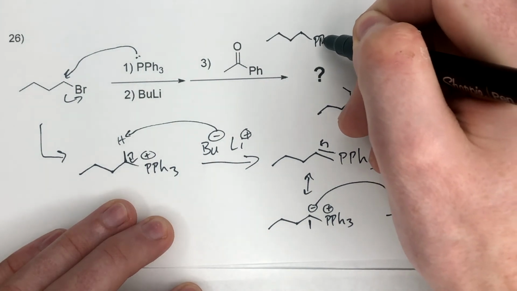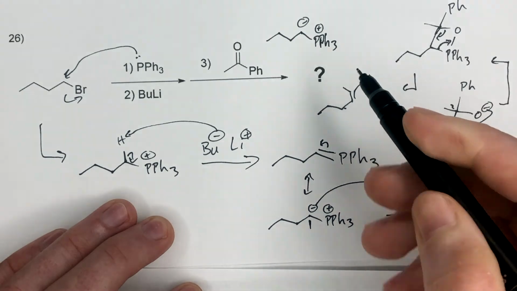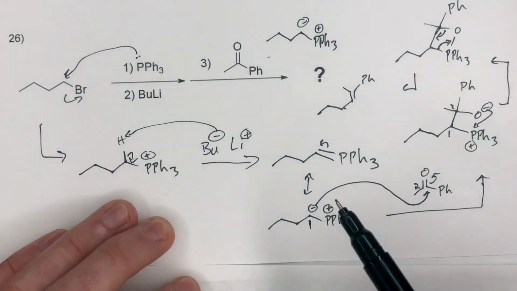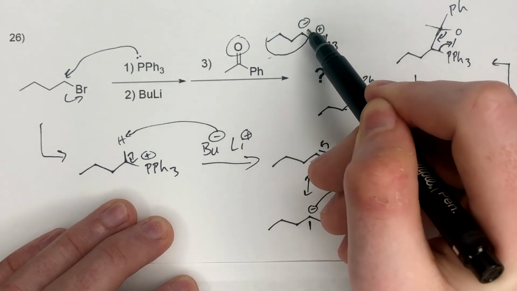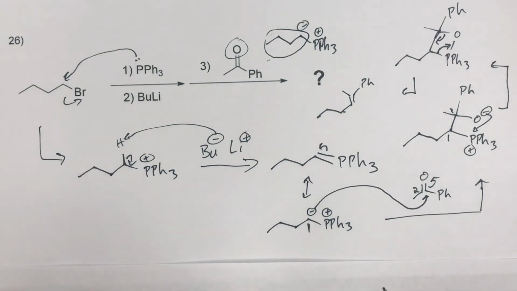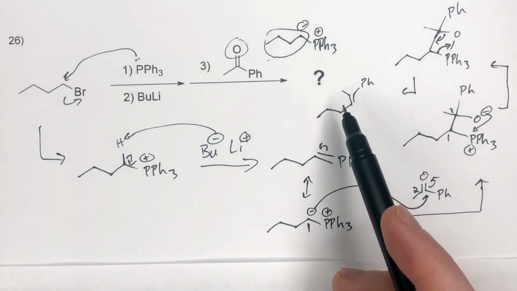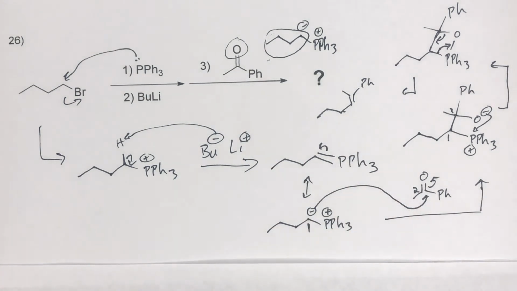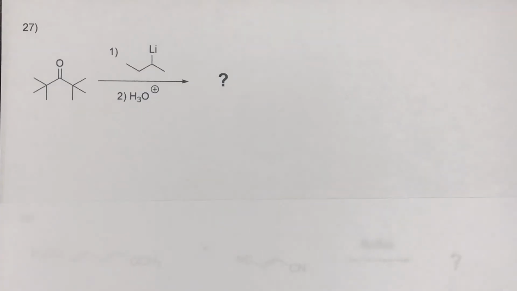It's not really a trick, it's just that when you understand the mechanism, you can abbreviate it like this. Essentially the net change is you're replacing the oxygen with this entire carbon group. Notice if we look at the final structure, here's that carbon group, you replace the oxygen with that entire group, and then you get this specific alkene product.